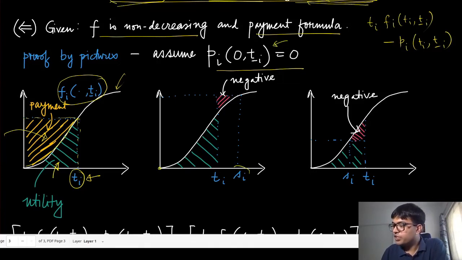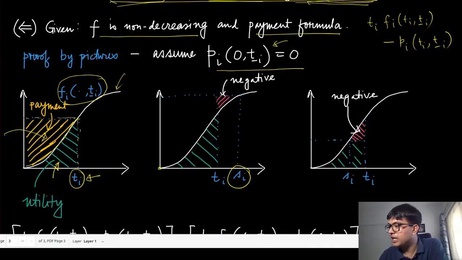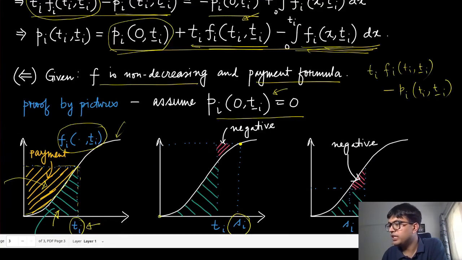So if it is overstating Si, what changes is its payment, right? So it changes its allocation and its payment. Of course, now the mechanism will imagine as if this is the total allocation, and therefore what will change here is this term. Because payment can only be computed based on what is reported, both this Ti and Ti here will be replaced by Si now.